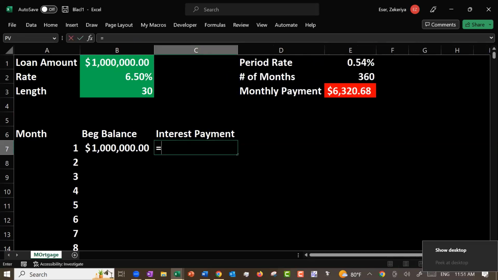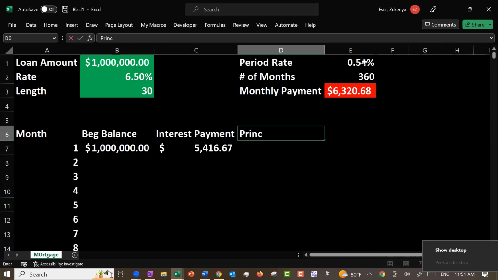Interest payment is: take the beginning balance, multiply it with the period rate. So the first month, even though you're making a payment of 63.21, of that 54.17 or so is for interest. The rest is the principal payment.